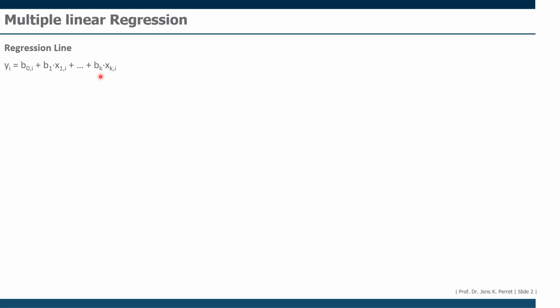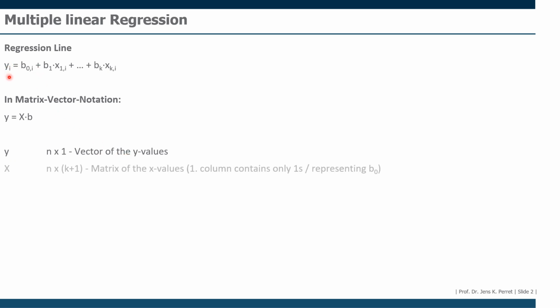In the first step, it makes sense to write this in a more compact matrix-vector notation. So it looks like this, where y is the vector of all the y values we have, and X is the matrix containing all the values for our independent variables, and one column with only ones, which represents the constant, the intercept.